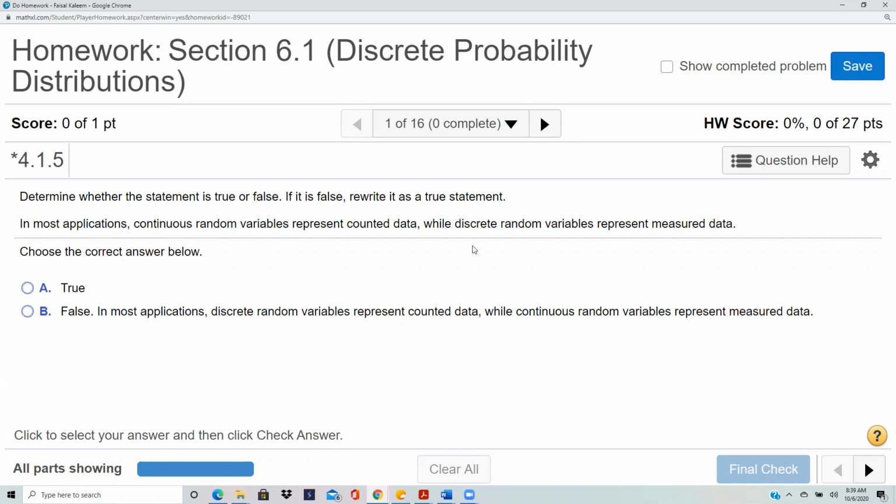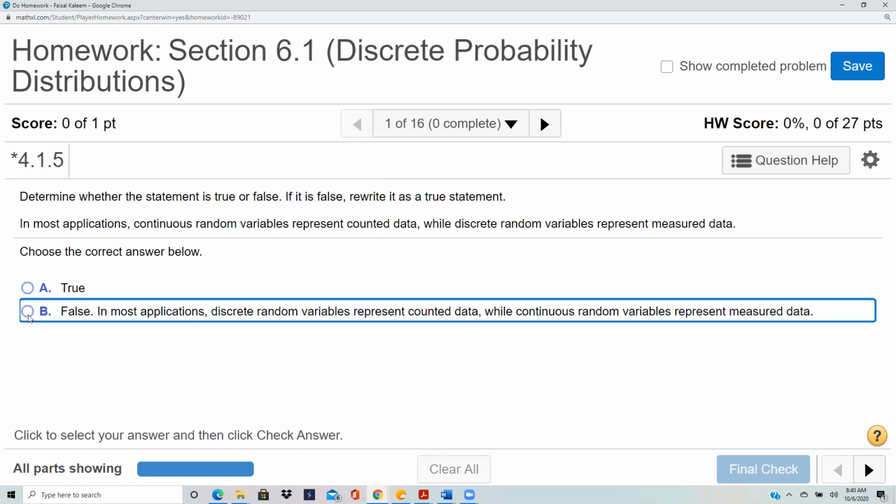If you remember from early on, it's the other way around: discrete random variables represent the counted data, and continuous random variables represent the measured data. So this statement that is given is false. This is the correct answer because discrete random variables represent counted while continuous represent measured.